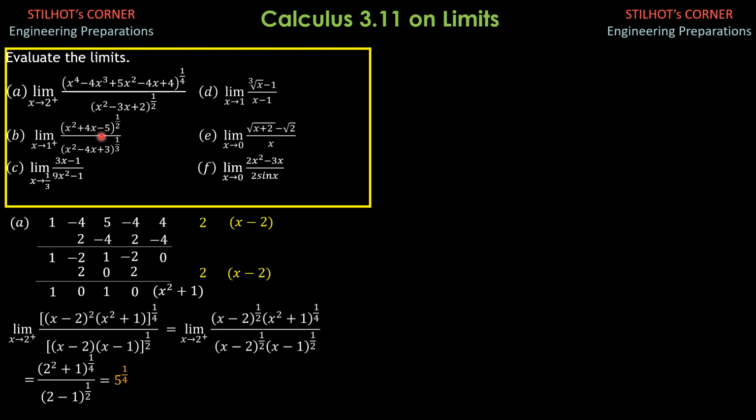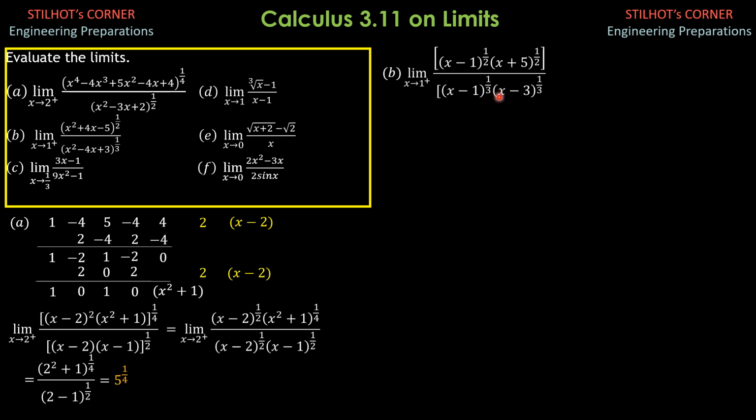So we write the numerator as x minus 1 times x plus 5, then quantity to the 1/2. So you have limit as x approaches 1 from the right of x minus 1 to the 1/2 times x plus 5 to the 1/2 over x minus 1 to the 1/3 times x minus 3 to the 1/3.